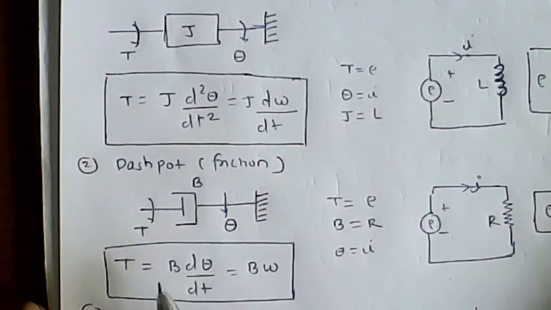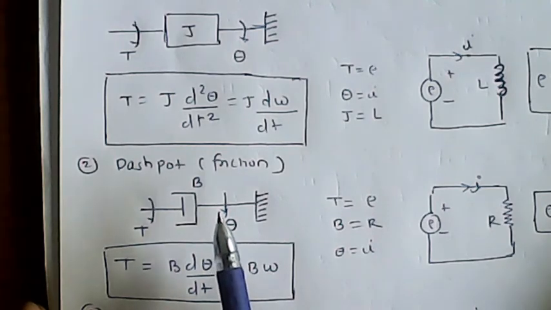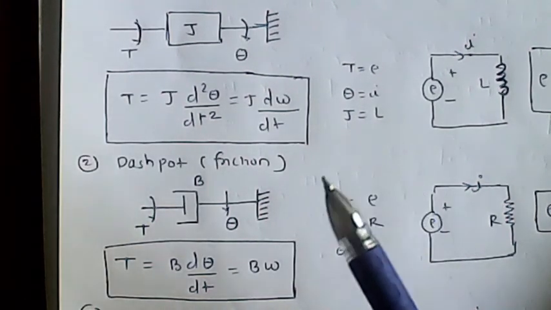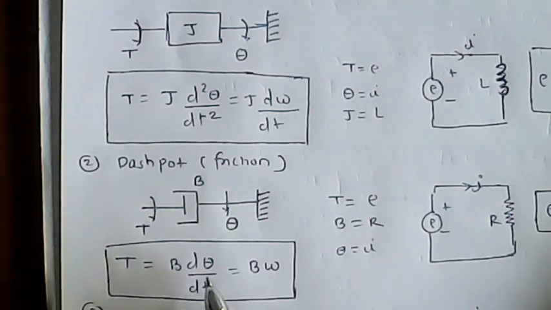Also we can write the torque in terms of angular velocity, B into omega, where B is a frictional constant. So when we rotate this dashpot, it produces friction, and this friction can be represented in terms of torque.